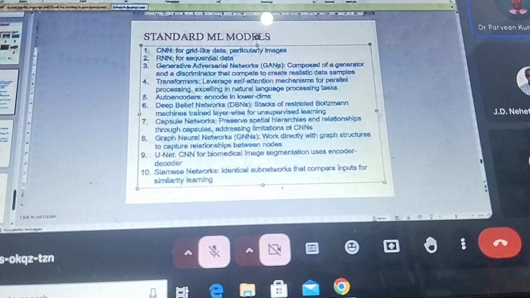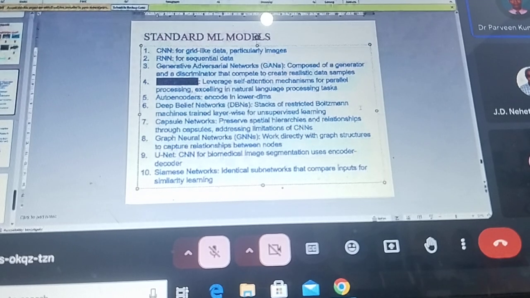Then transformers, that is, if you want to study large language models. For example, these days, Google is able to understand your language. If you say something, then it is able to type the corresponding text to your speech. Those type of models are called LLM, meaning large language models.